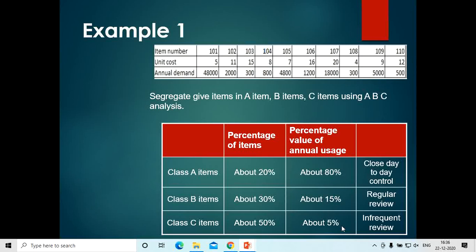C items are going to have 5% of the annual usage value. In terms of the percentage of total items, A items are 20%, B items 30% and C items 50%. This has to be remembered by everybody.